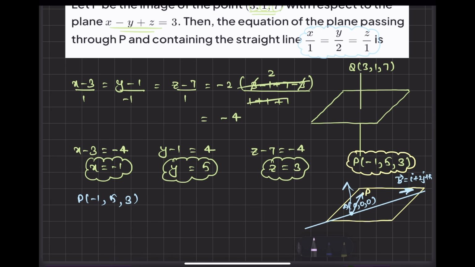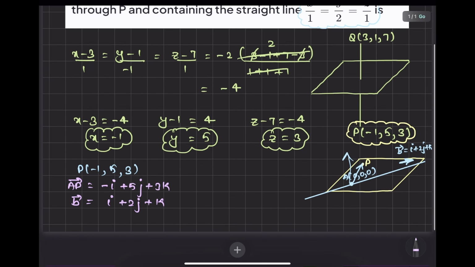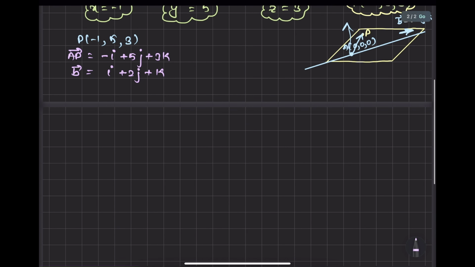So first we will write the AP vector. AP vector means what? A is (0, 0, 0), P is (minus 1, 5, 3). So the AP vector will become minus i plus 5j plus 3k. And then we have the B vector, which is i plus 2j plus k. So we got both the vectors. Now, can I write AP cross B? So it is i, j, k; minus 1, 5, 3; 1, 2, 1.